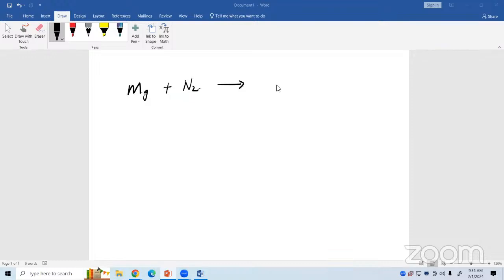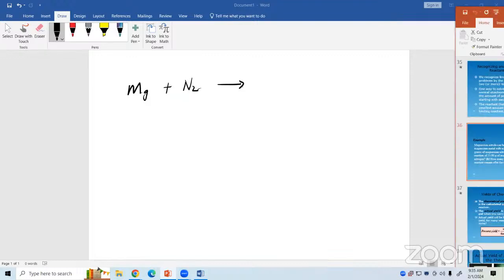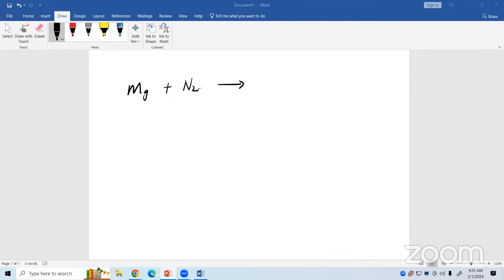Well, what's the formula for the magnesium ion? Let's start off there. Let me do it up here. Magnesium is 2 plus, so it's Mg2+, all right?